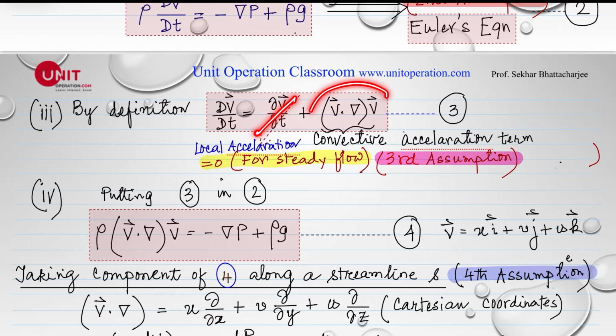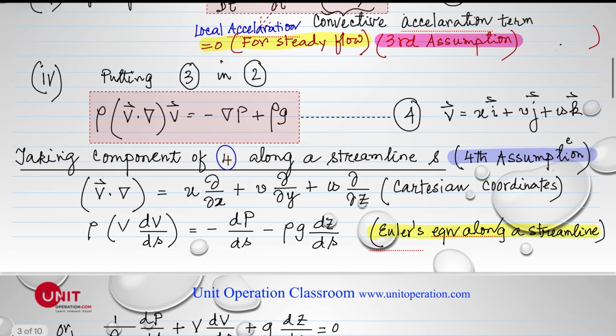So we substitute this one right here. So this becomes rho v dot del v is equal to this thing on the right hand side. Of course, v is the velocity vector. This is in the Cartesian coordinate, and v dot del can be written in this one. This is again the Cartesian coordinate system.